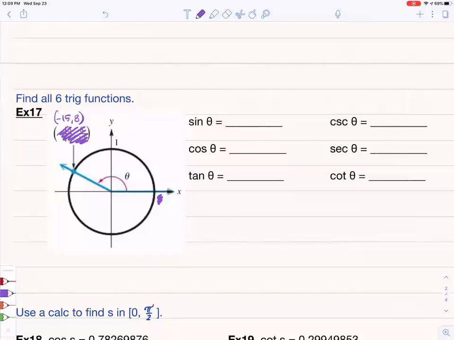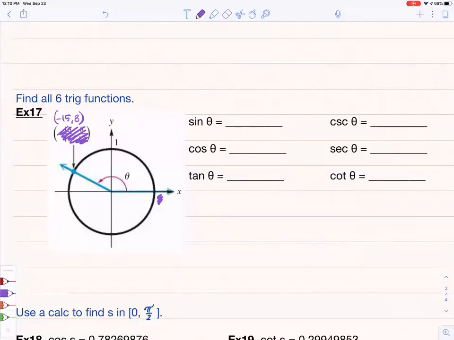Now, I only want you to find sine and cosine. Just sine and cosine. Write them down. Okay, what'd you get for sine? 8 what?